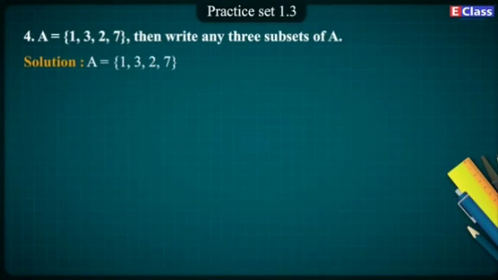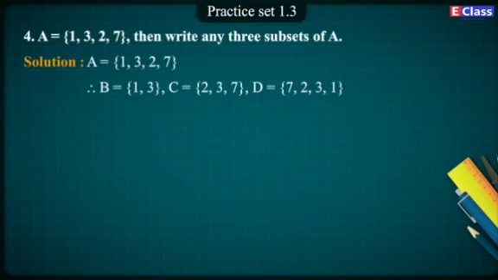Therefore, B is equal to {1, 3}. C is equal to {2, 3, 7}. D is equal to {7, 2, 3, 1}.